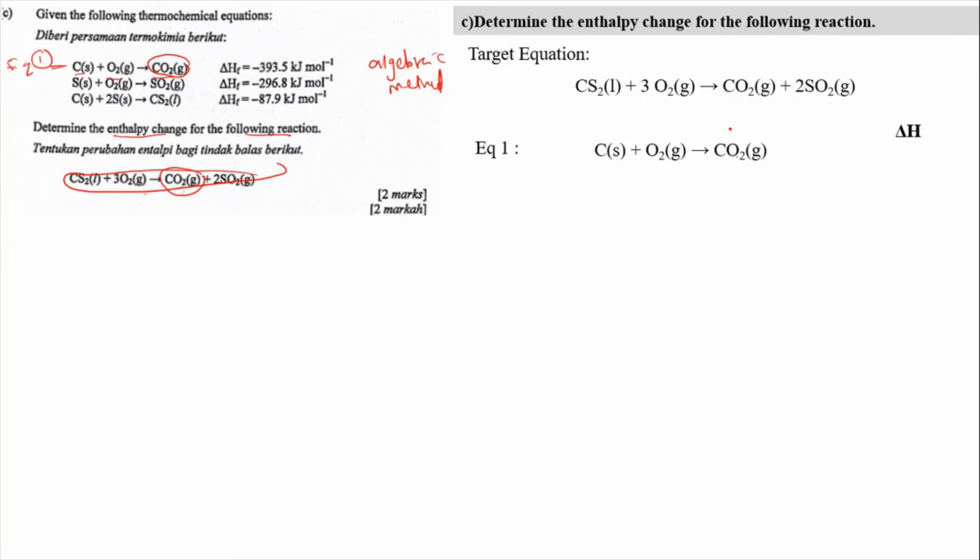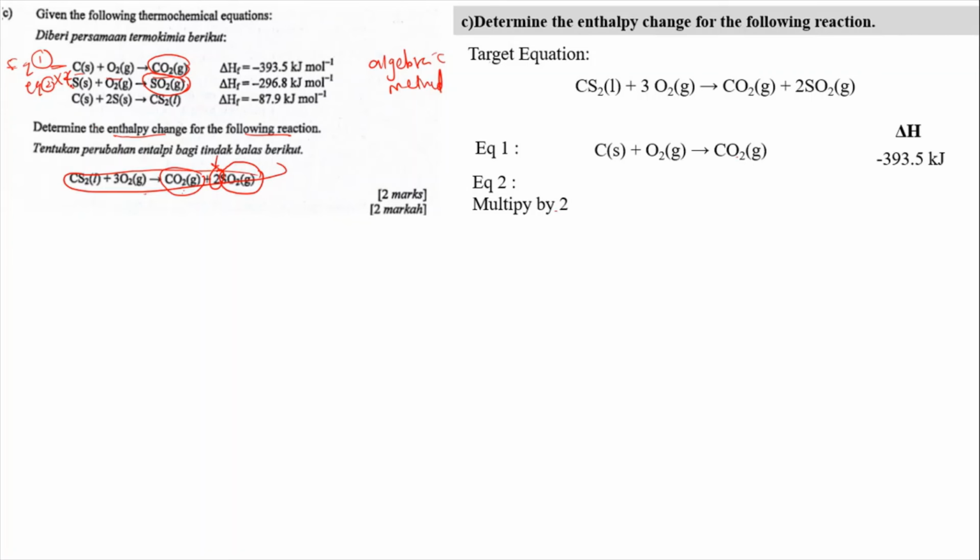Okay. And then for equation number 2, we have sulfur plus oxygen gas, sulfur dioxide. So sulfur dioxide, sulfur dioxide. Okay, position is already correct. Produk dekat produk. Tapi sekarang dia ada 2 mole. So what I can do is I can multiply equation number 2 multiply by 2.